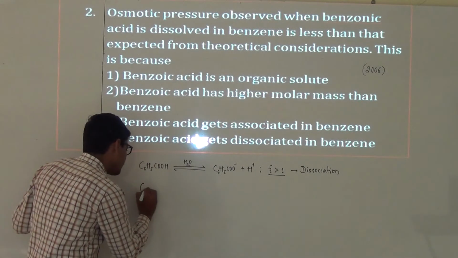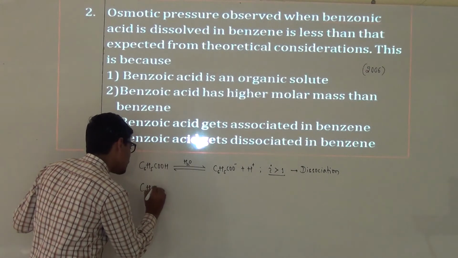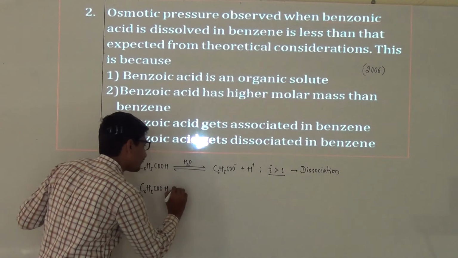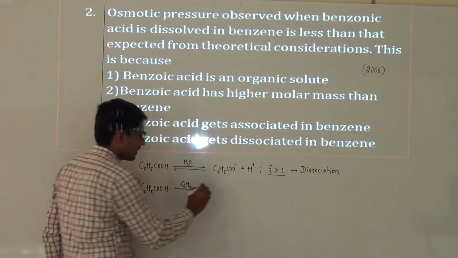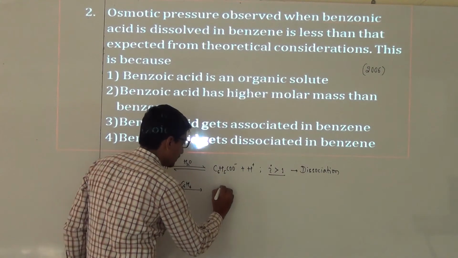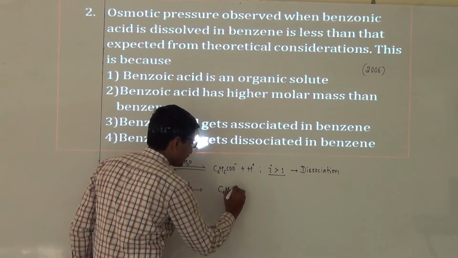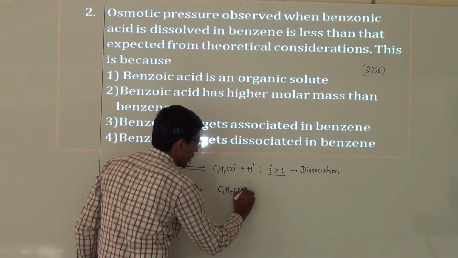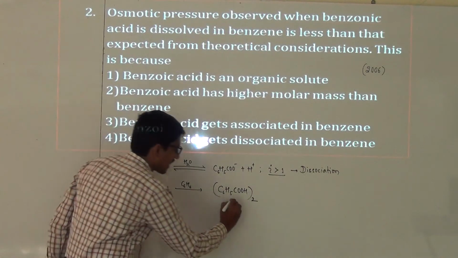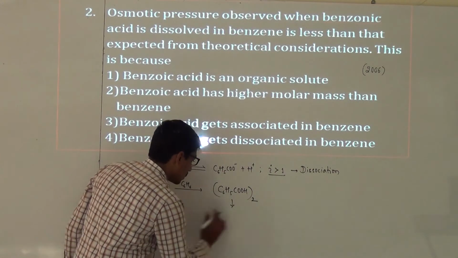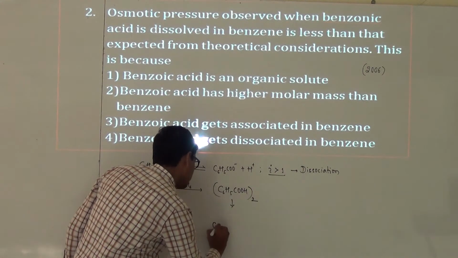If the same benzoic acid is dissolving in benzene, this is a non-polar solvent, and it undergoes association. C6H5COOH twice, it forms a dimer. Dimer means due to hydrogen bonding, C6H5.